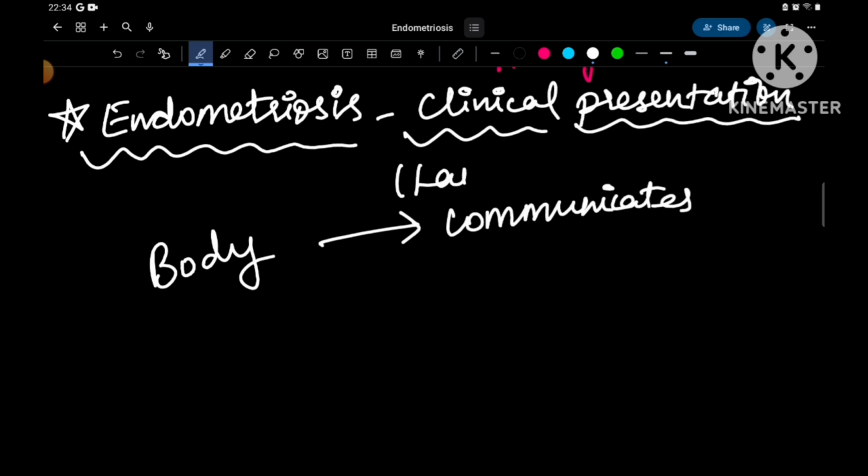Medicine is not just a subject, not just a bunch of theory. It is a language. Your body tries to speak with your mind, with your soul, that there is some problem.